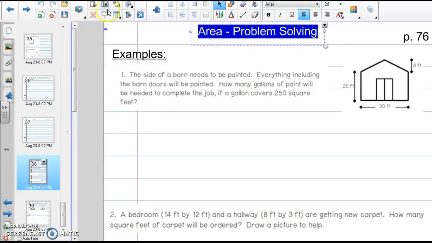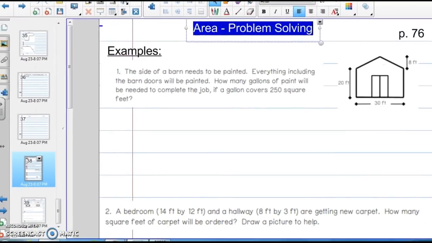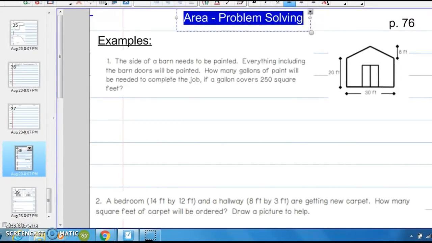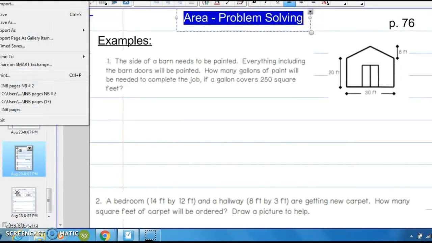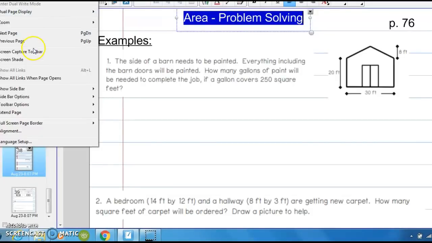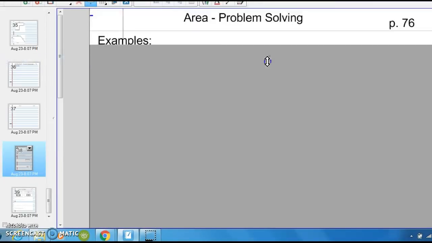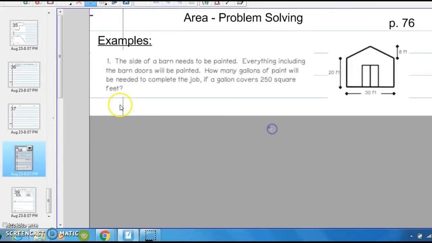Okay, now that you have labeled your title, we're going to go through 4 examples. And I do need you to pause the video and copy down example number 1.